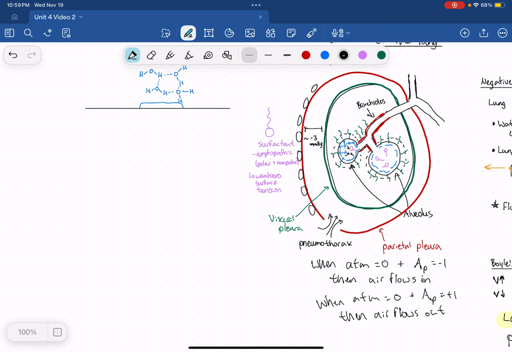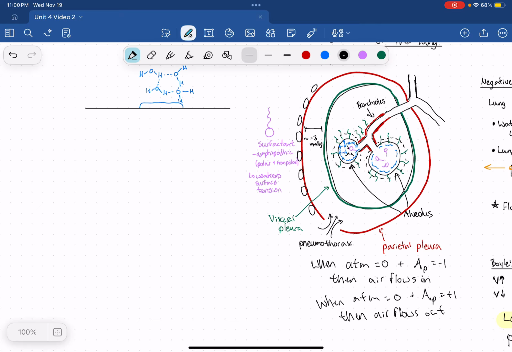Air will come in, disrupt that negative pressure, making it more positive, and now it becomes significantly harder for the lungs to breathe. And so when we have a pneumothorax, air is going to start leaking from the lungs into the surrounding pleura, and that is going to basically just weaken our power to breathe.